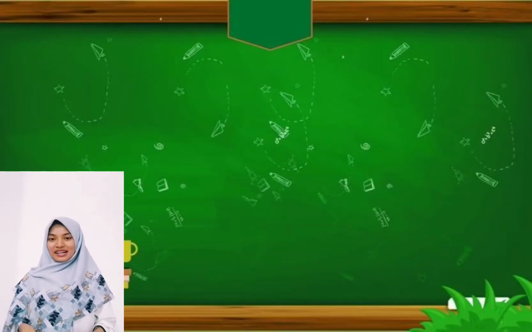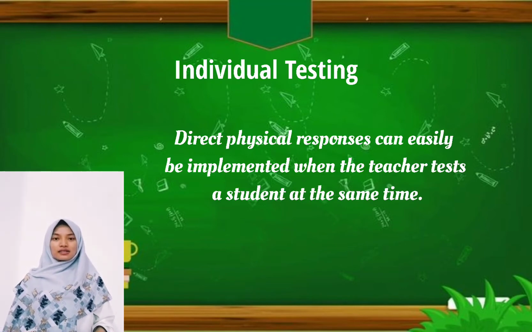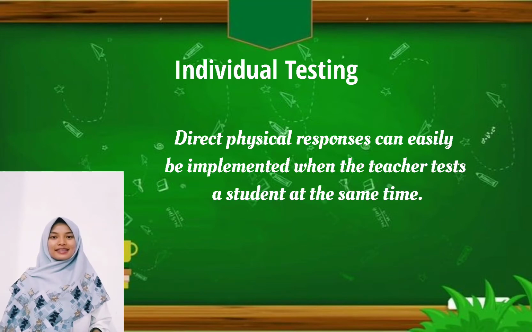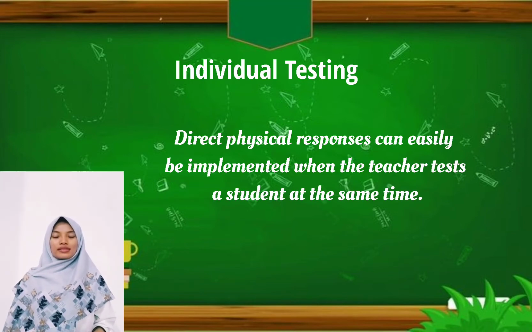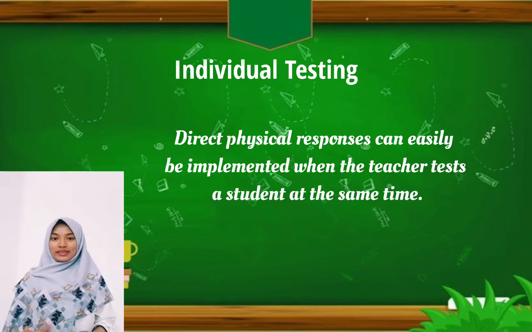In limited response, there are two kinds of testing. The first is individual testing. Individual testing with direct physical response can easily be implemented when the teacher tests students at the same time. When teachers teach reading in elementary school, they generally organize activities as small groups.